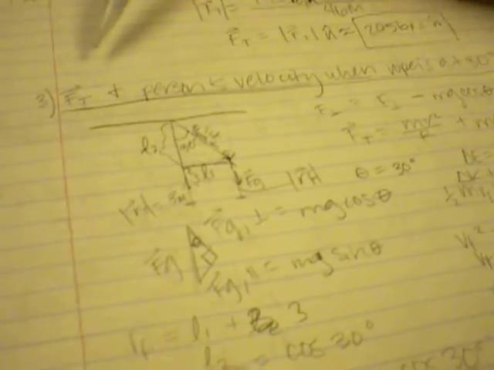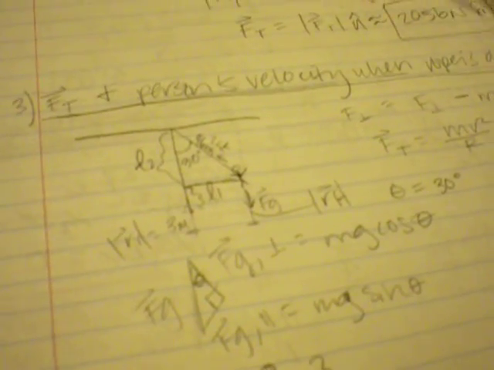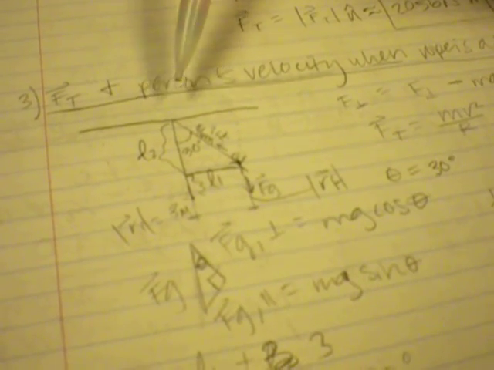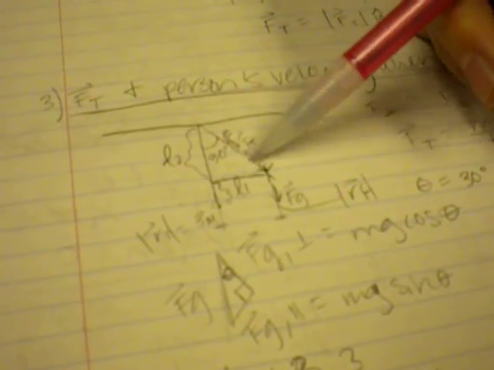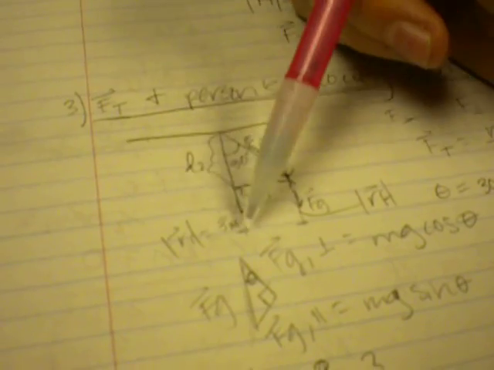And so then for problem 3, you have to solve for the tension force and the person's velocity when the rope is at 30 degrees. And so we basically do this little diagram of the person right here, and then the 30 degrees, and we just label this L2, L1, and 3 meters.